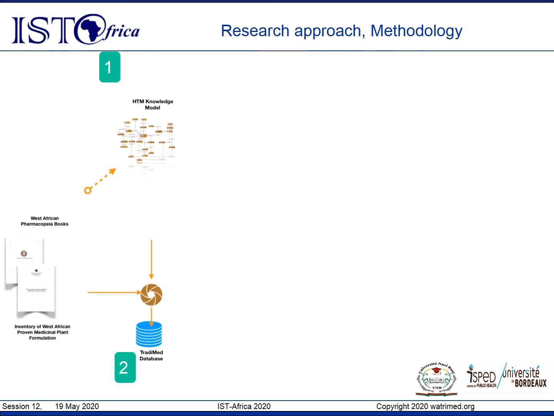The core schema of the traditional medicine knowledge model is designed as an ontology. The design takes into account medicinal plants and their components, both in terms of chemical components and plant parts. Medicinal plant components intervene in the composition of some recipes.